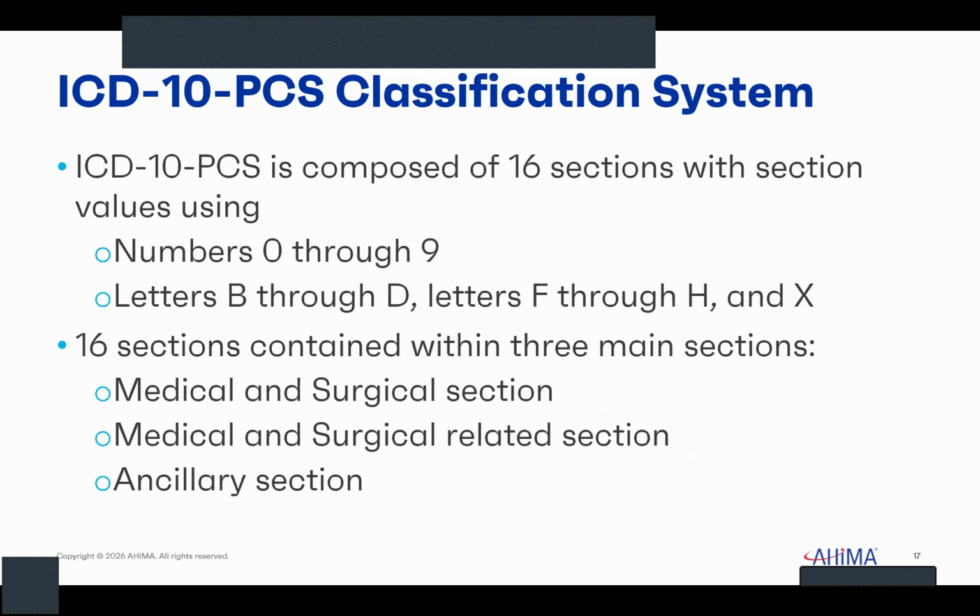ICD-10 PCS has 16 sections, and the sections are numbered 0 through 9, letters B through D, F through H, and X. And the 16 sections are within the three main sections: medical and surgical, related section, and ancillary section.